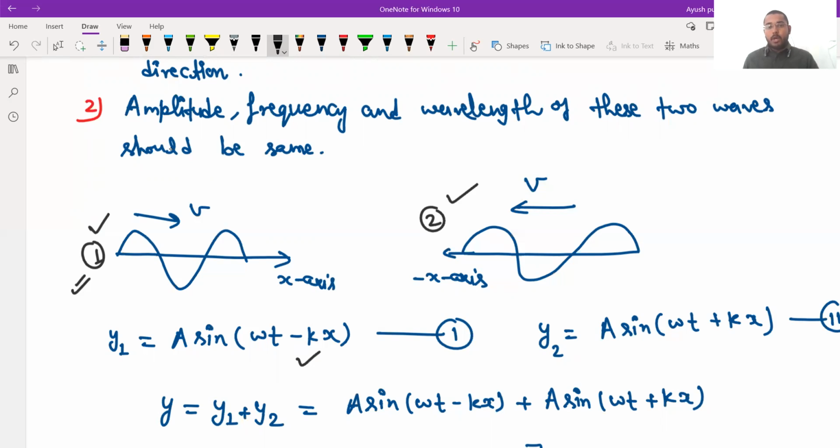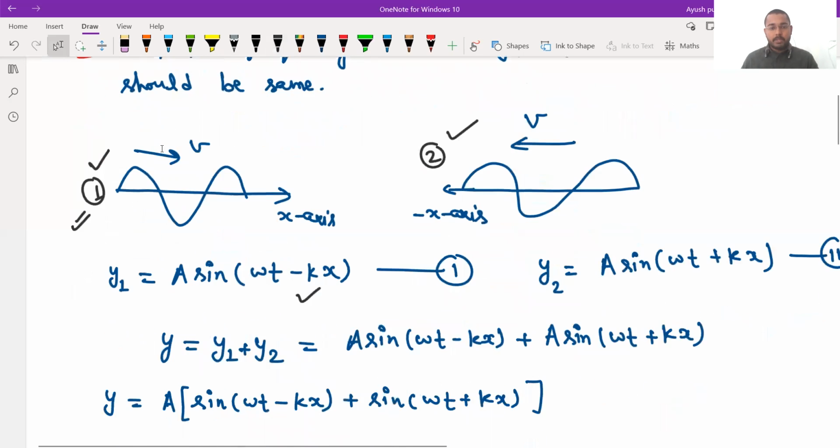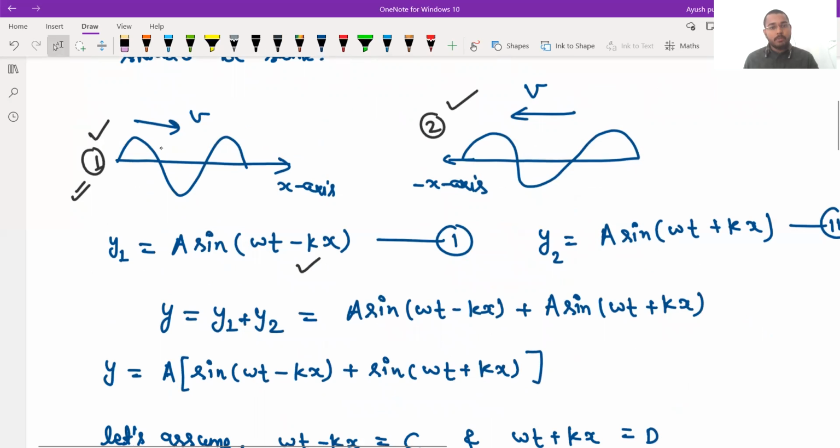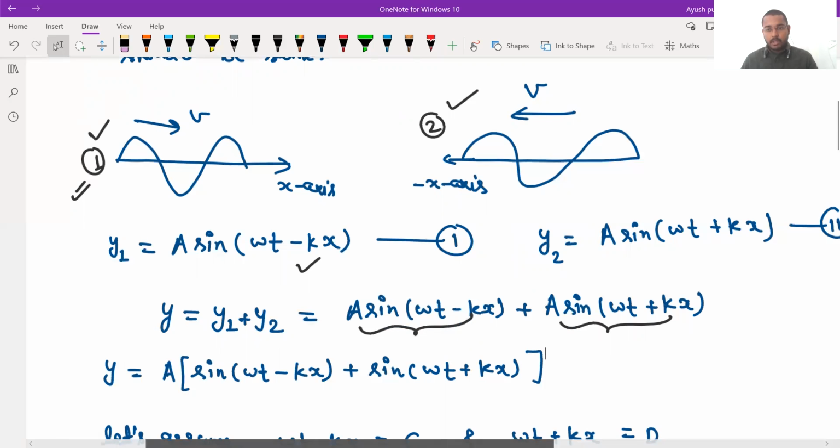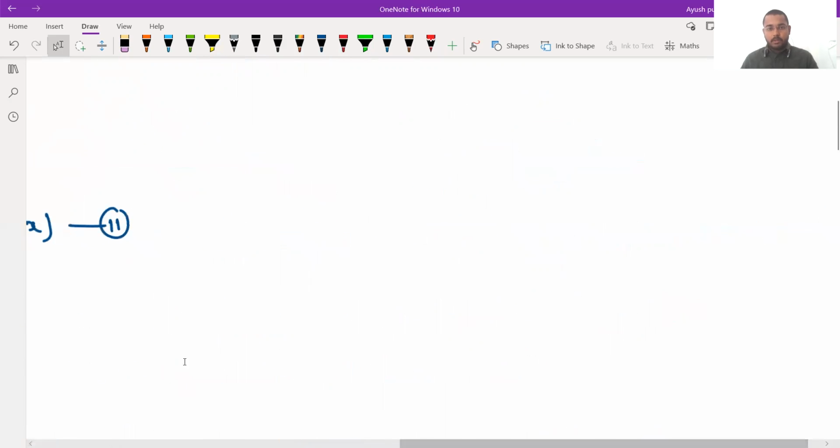Now when these two waves superimpose, the displacement of the resultant wave will be y equal to y1 plus y2. I will put the values of y1 and y2 from equations 1 and 2. So this is a sin(ωt − kx) plus a sin(ωt + kx). I will do it manually, so just focus on the screen.